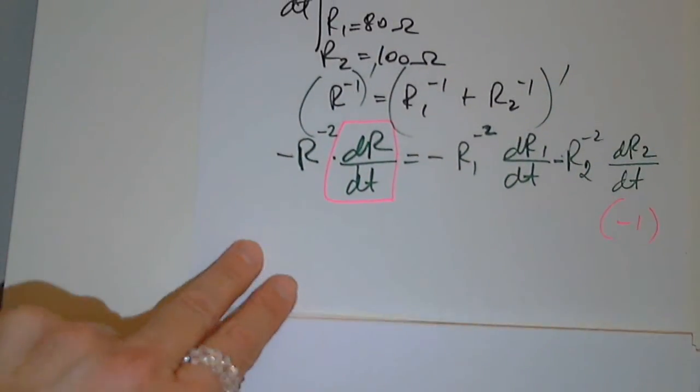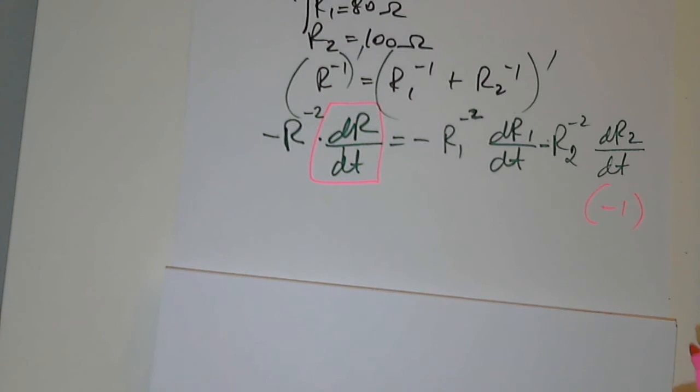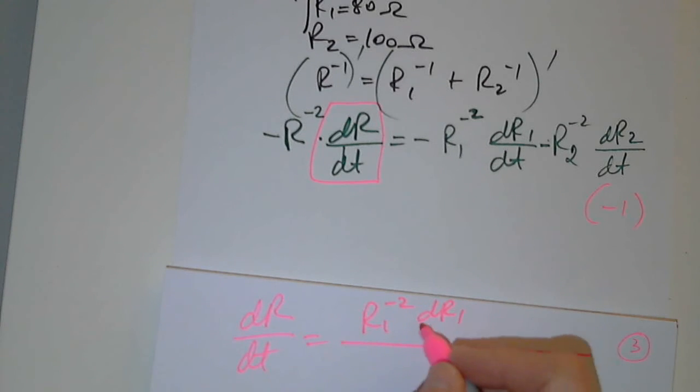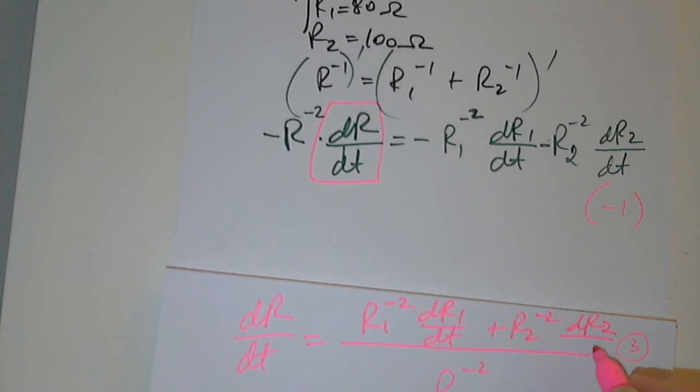Let's see what we have and what we don't. So dR over dt equals R1 to -2 dR1 over dt plus R2 to -2 dR2 over dt, over R to -2.